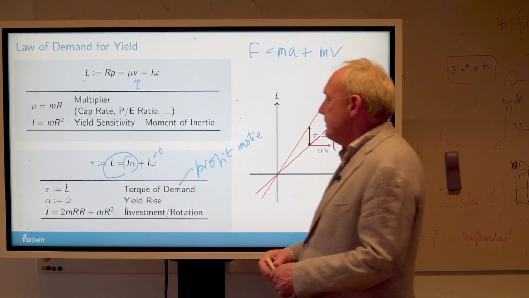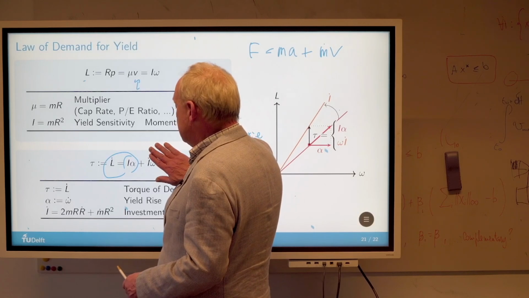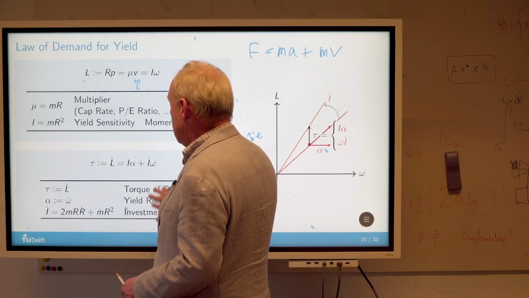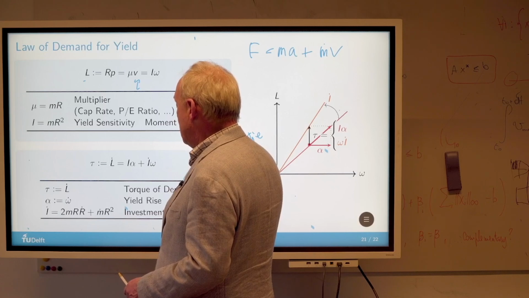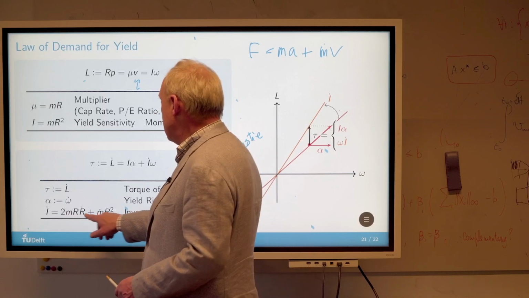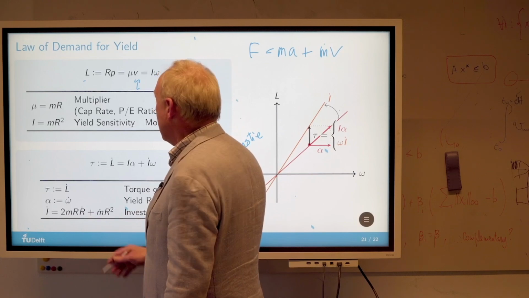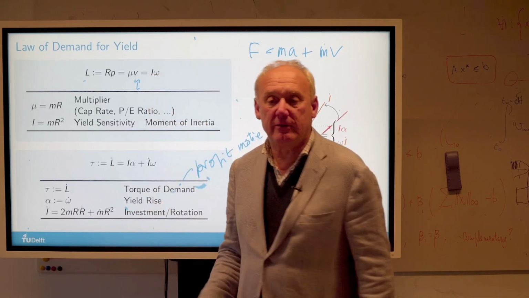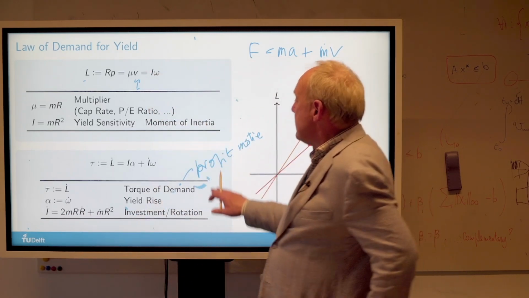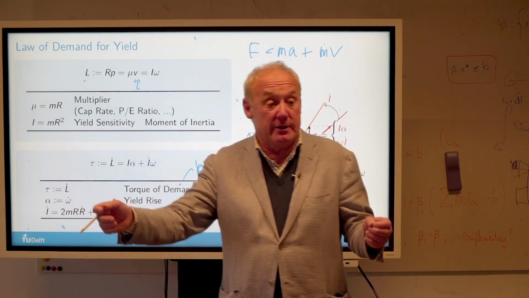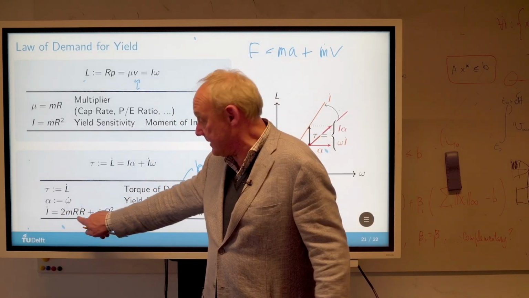As opposed to the linear case, two things can happen. You can get more land, you can be expansionary.